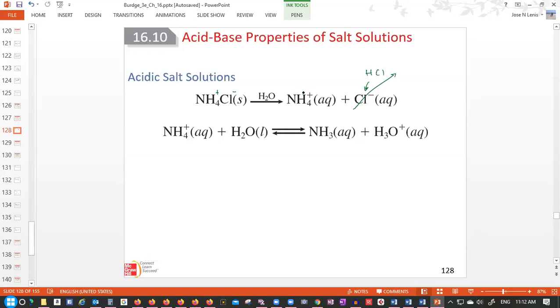What about this? Who's making this conjugate acid? Yes, NH3, right? NH3 reacts with water to form NH4 plus ion. So probably the manufacturer used this reaction, NH3 plus HCl, to form the salt.